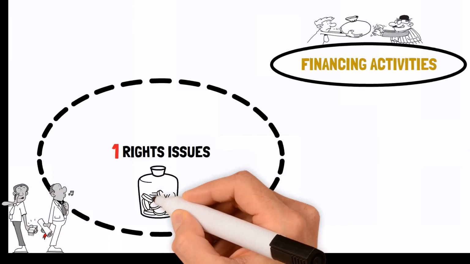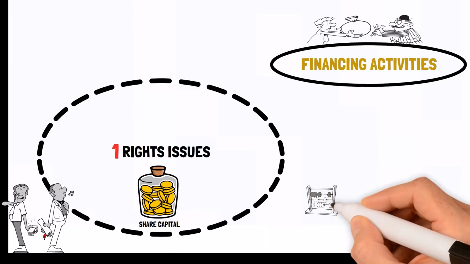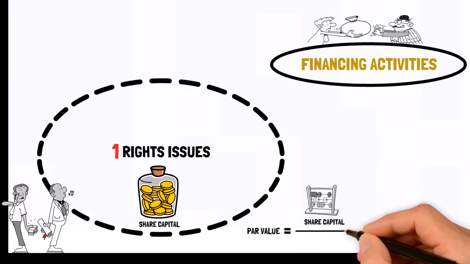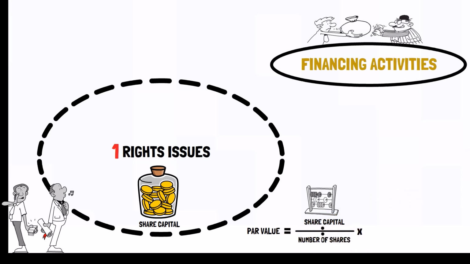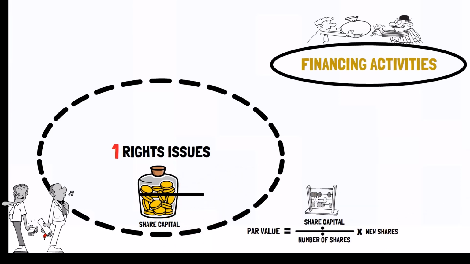This is done by adding the contribution of share capital. The capital is calculated by comparing the quota or par value, which is share capital, to the number of shares, and multiplying the number of new shares that the business issues or gives out.